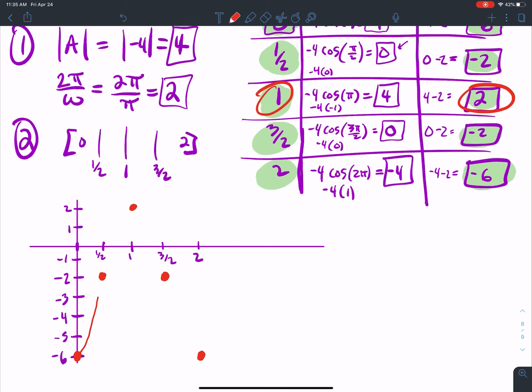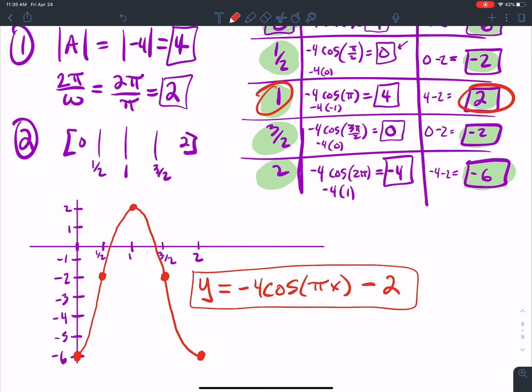So I come up and I come back down just like that. All right, so this is the graph of the cosine. This is y equals negative 4 cosine of pi x minus 2. Okay, so that's about as complicated as it's going to get there.